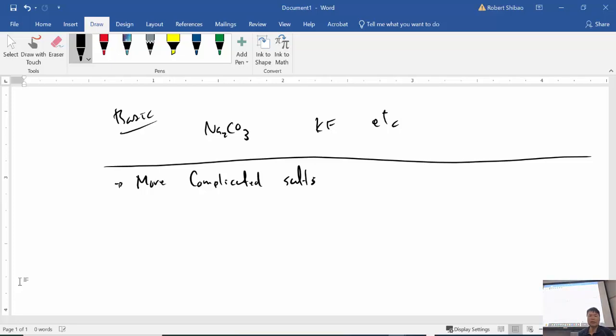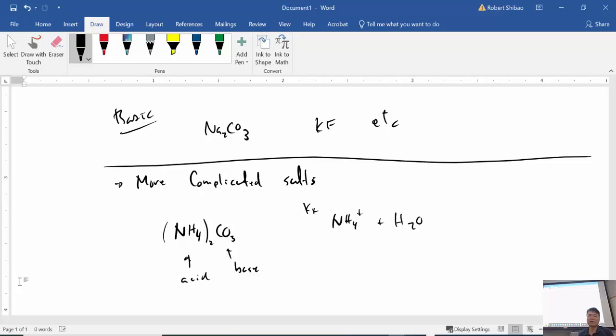The more complicated salts would be, what if I had ammonium carbonate? Well, ammonium is acid, carbonate is base. And so what do I do? Well, if I have an acid, then I would do Ka for the acid. And so that's no big deal.